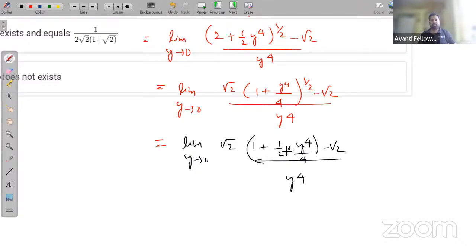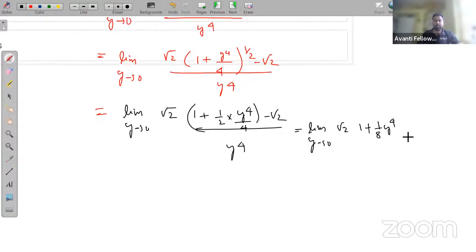See here, now if we take root 2 common, this becomes the limit as y tends to 0 of root 2 times (1 plus 1 by 8 into y to the power 4 minus 1) divided by y to the power 4.